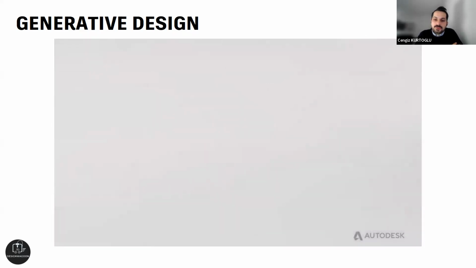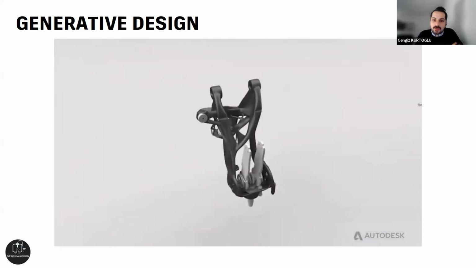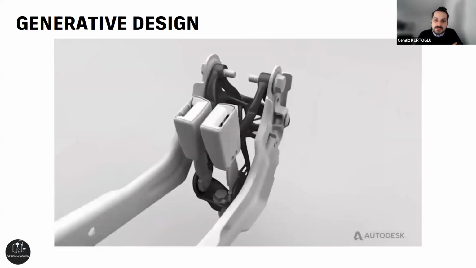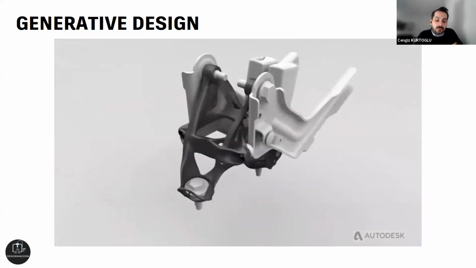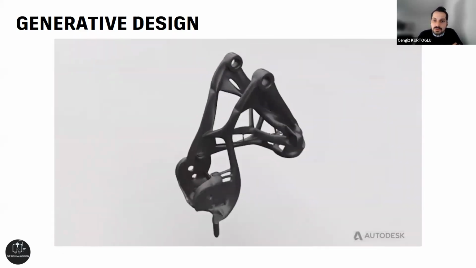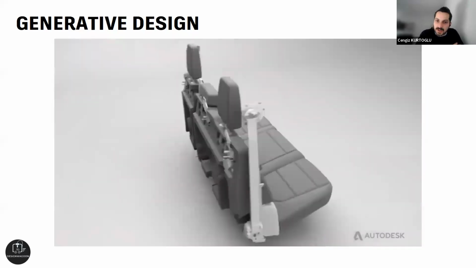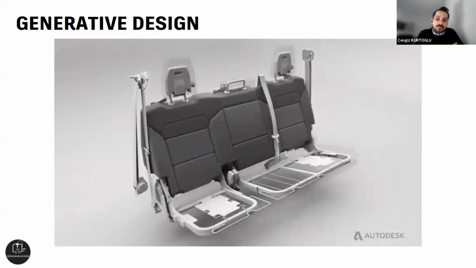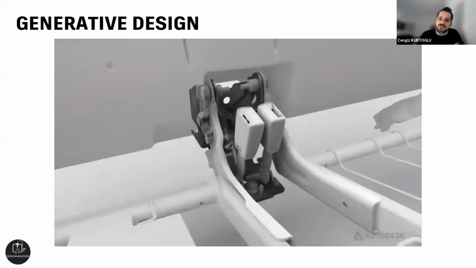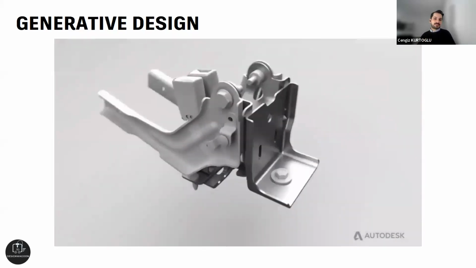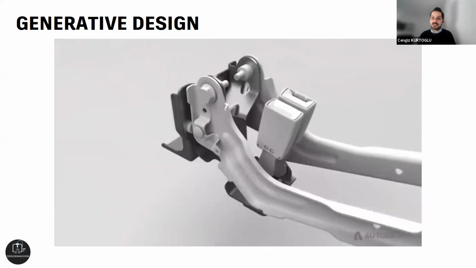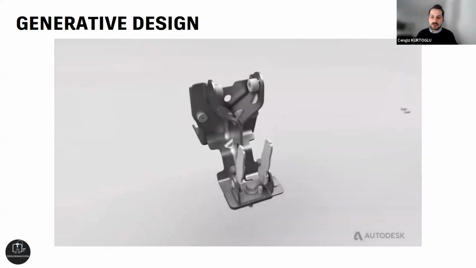It could create tens of different results for your projects, and then you can choose one of them, and you can also modify these parts after it creates the 3D results.